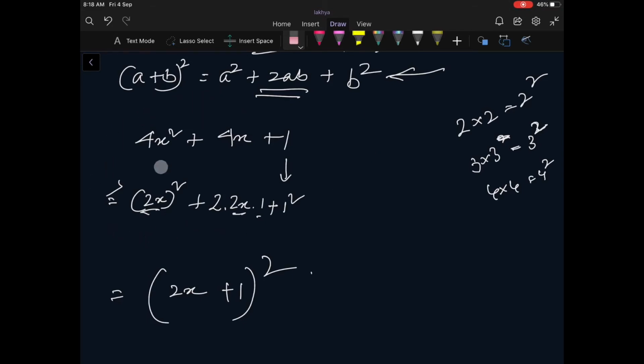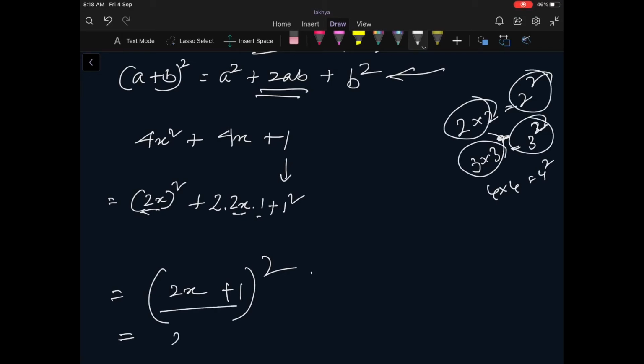Now from here, we know that 2 square is 2 into 2, 3 square is 3 into 3. Similarly, square of this must be (2x + 1) into (2x + 1). That's how we can factorize.